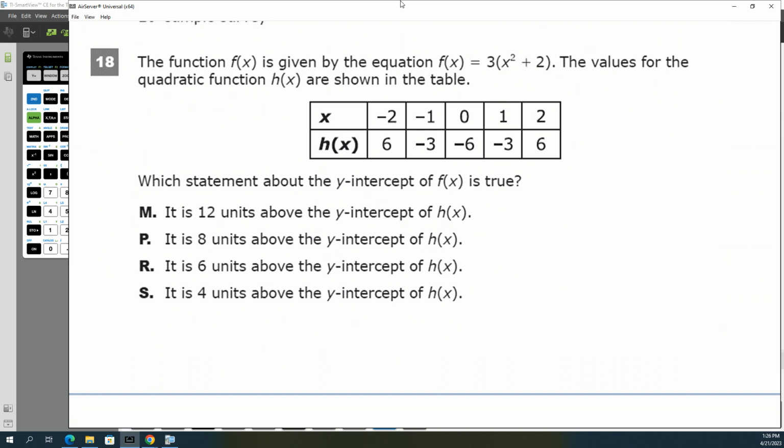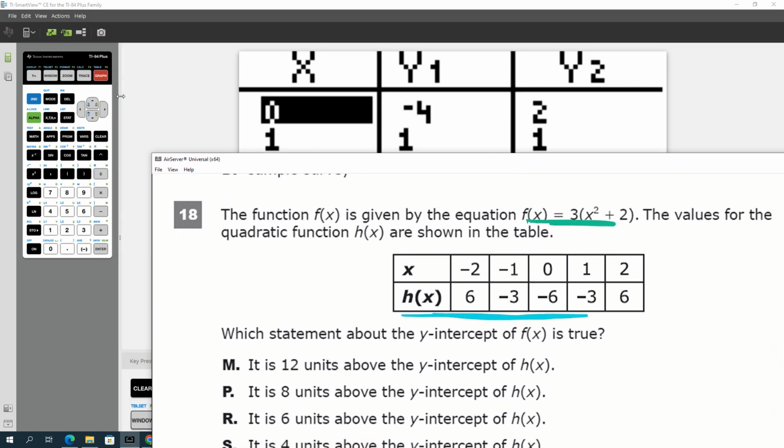All right, and then 18, you are given two different functions, so be careful. We're given f of x, and we're given h of x. The question is comparing their y-intercepts. To get the y-intercept of f of x, we're going to type it in the calculator and just look at the graph.